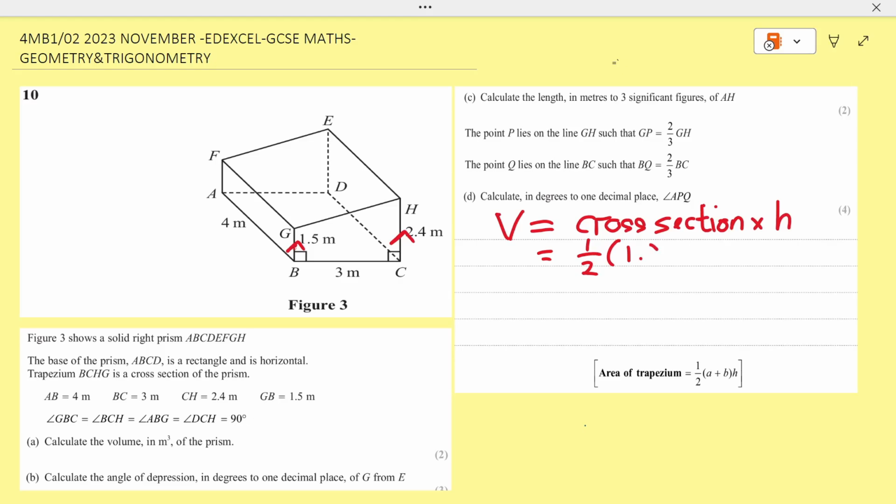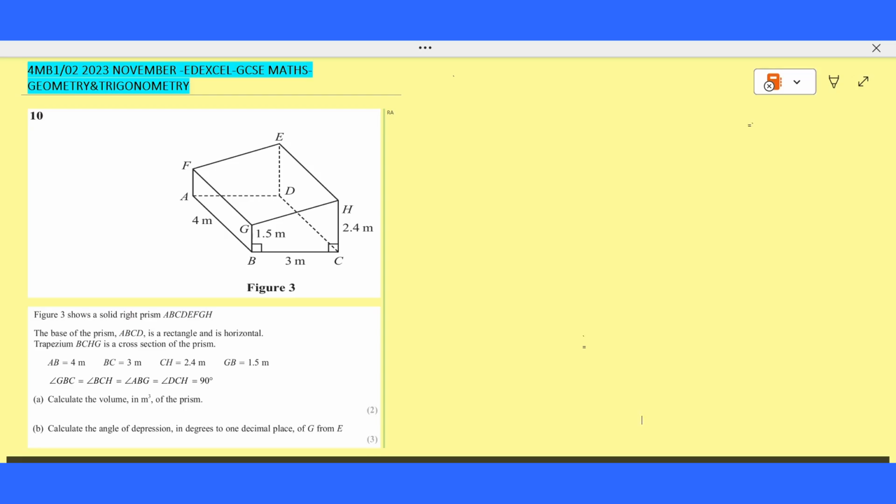So 1.5 plus 2.4, times the height of the trapezium, which is the side AB that connects the two cross sections, FADE and GBCH, so it's 4. Then we just have to calculate with the calculator, and we'll get 23.4 cubic meter.